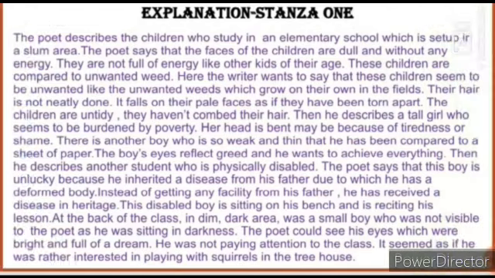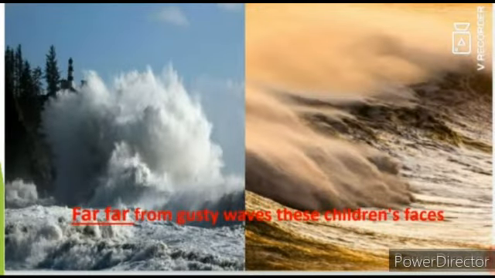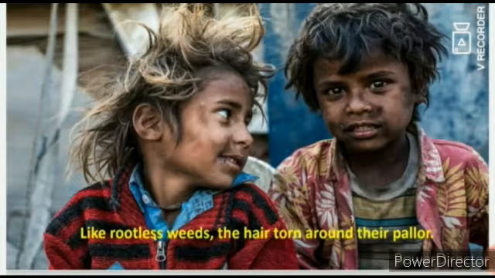Explanation. The poet describes the children who study in an elementary school which is set up in a slum area. The poet says that the faces of the children are dull and without any energy. They are not full of energy like other kids of their age. These children are compared to unwanted weeds.